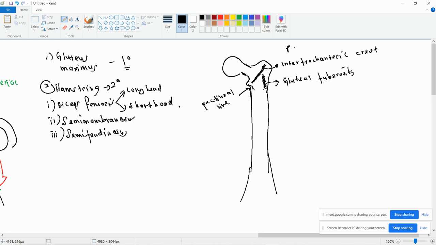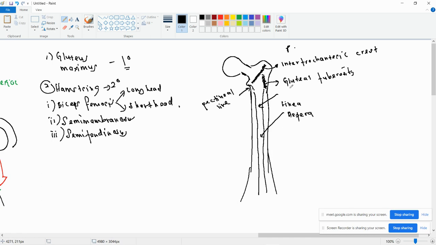This gluteal tuberosity extends downward toward the shaft of the femur, and also this pectineal line extends downward along the shaft, which develops a vertical ridge at the posterior shaft of the femur. Yes, very good. This vertical ridge we call the linea aspera.